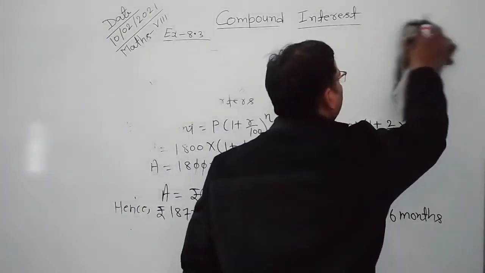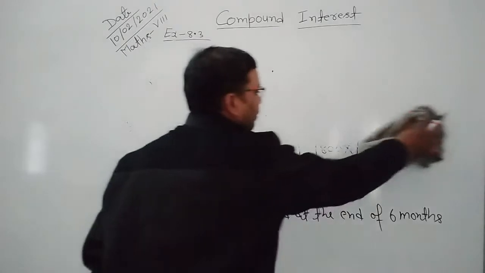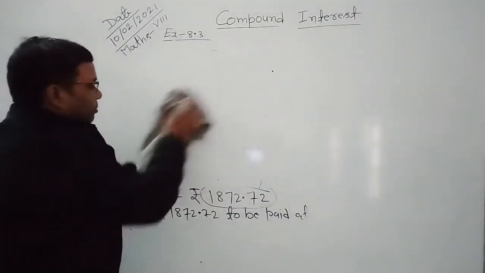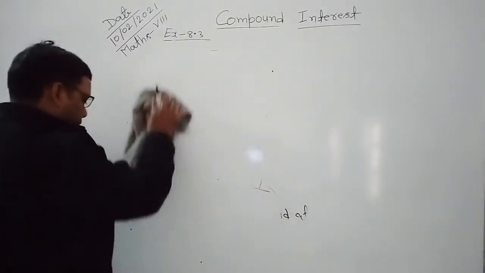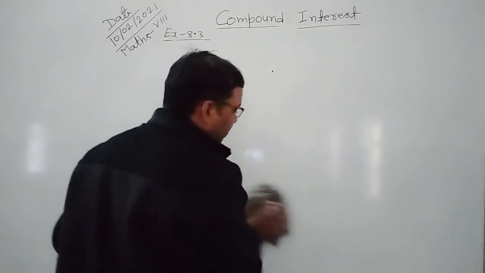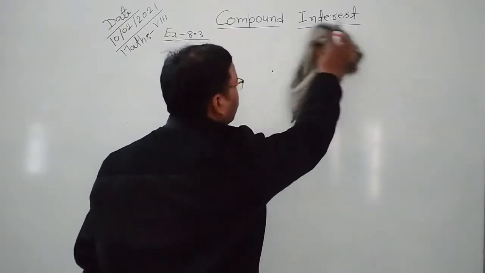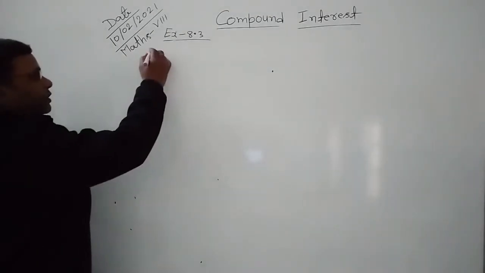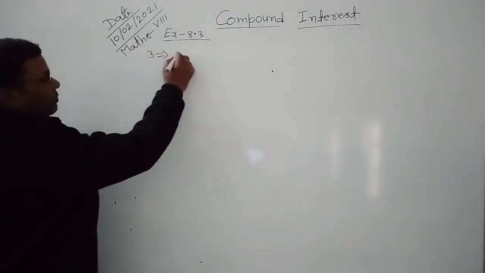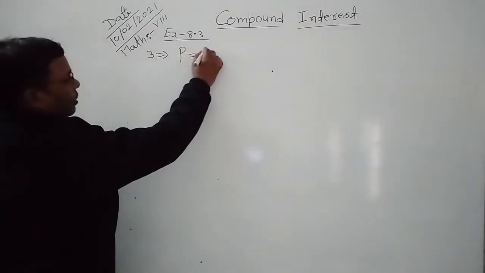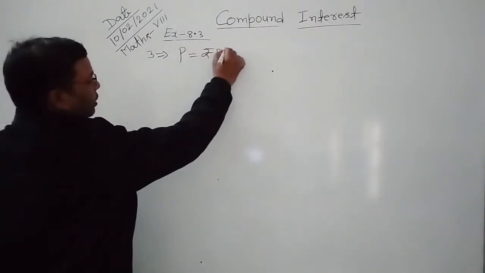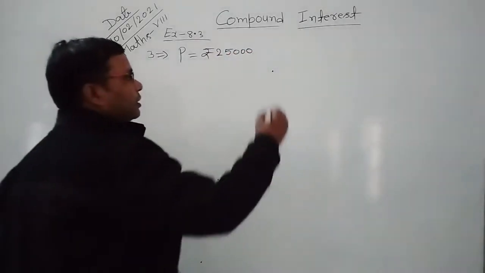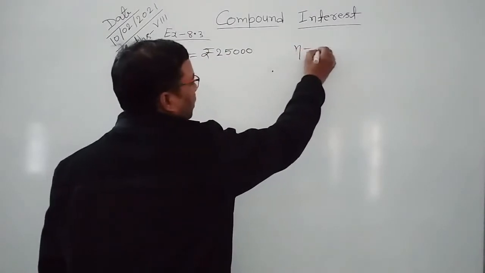I hope all of you understood question number 3. Now in this question time is given as 2 years, but 2 rates are given: the rate for the first year R1 and the rate for the second year R2, given as 4% and 5%. Principal is given here as rupees 25,000. Time is given here, n represents time, this is 2 years.